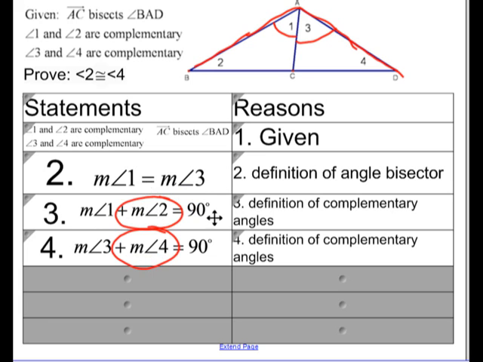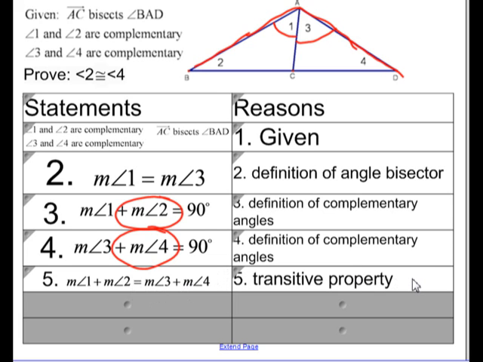Well, this equals 90 and this equals 90. If two different things equal the same thing, they must equal each other. So state that. Measure of angle 1 plus measure of angle 2 must equal the measure of angle 3 plus the measure of angle 4. And that's the transitive property, right? The transitive property is the one that just says two different things equal the same thing, they must equal each other.